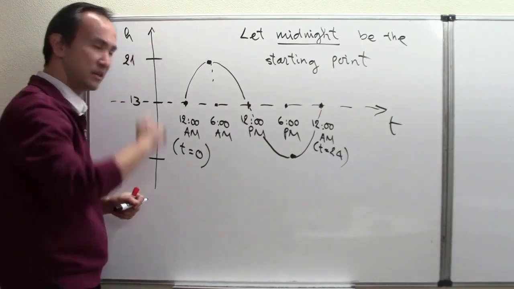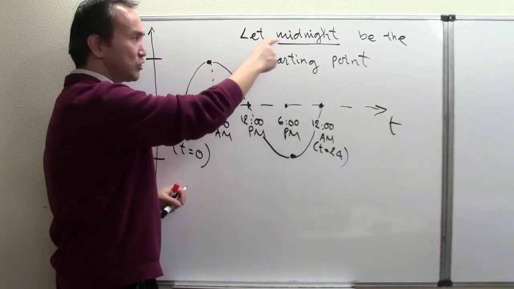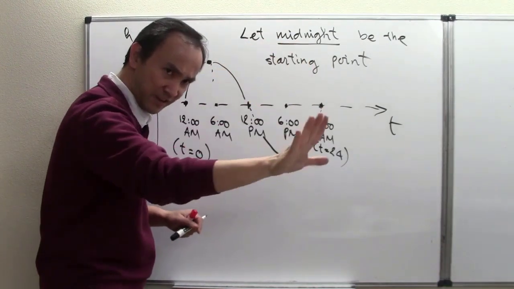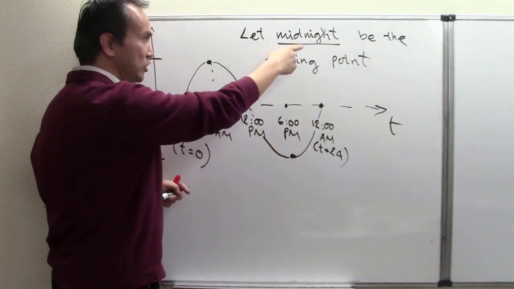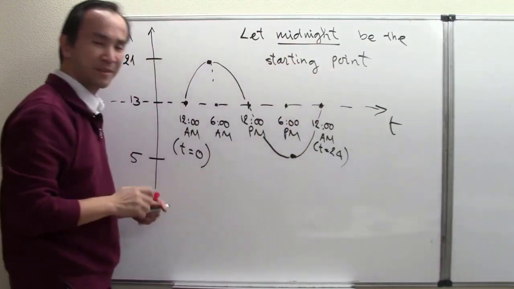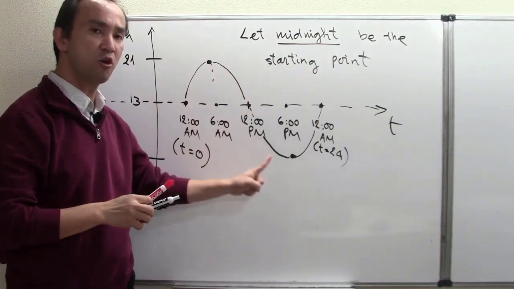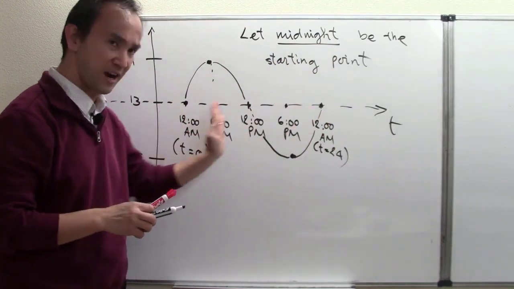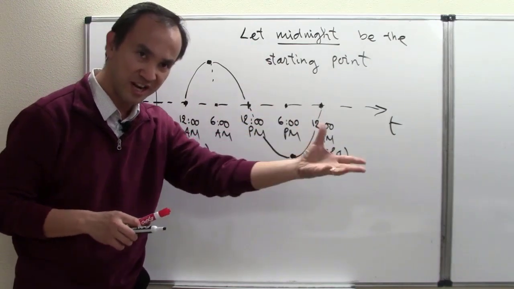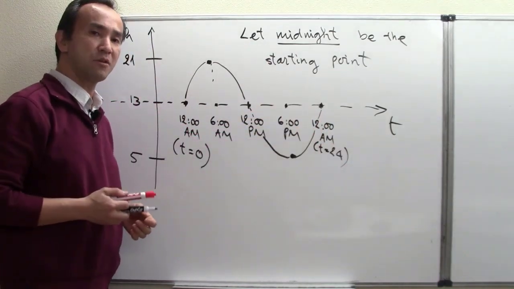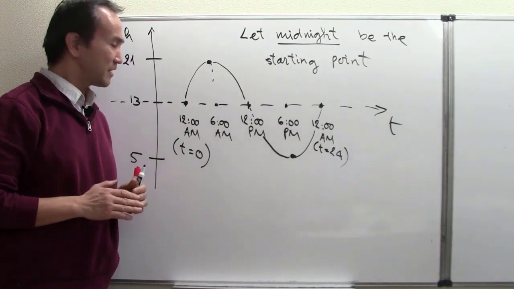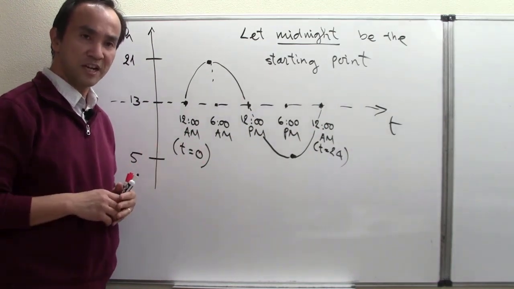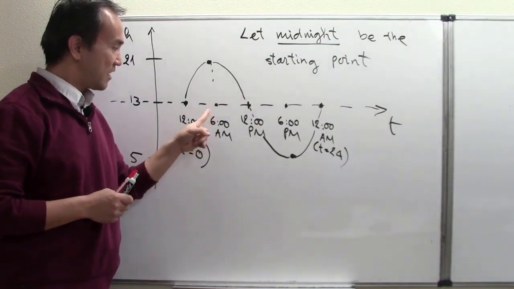But now keep in mind again, I chose to let midnight, according to the data given, the data is just the data, I chose to let midnight be the starting point. And so in that way, one complete cycle means when we hit the next midnight, it's one cycle, 24 hours, because 24 hours is what's stated in the wording of our problem as the full cycle. And so in that way, every 6 hours, see?